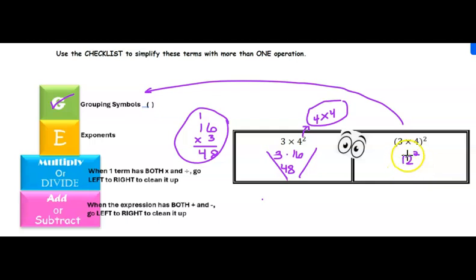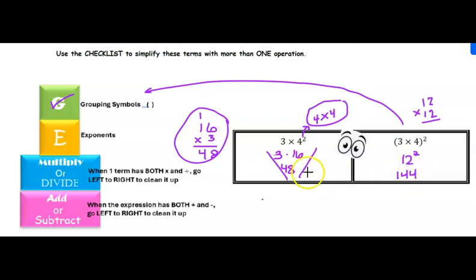All right. So then we're going to raise 12 to the second power. Another way to say that is 12 squared. That means 12 times itself. I'm supposed to have that one memorized. You should get 144. If you don't have it memorized, you have to work it out, and you get 144.